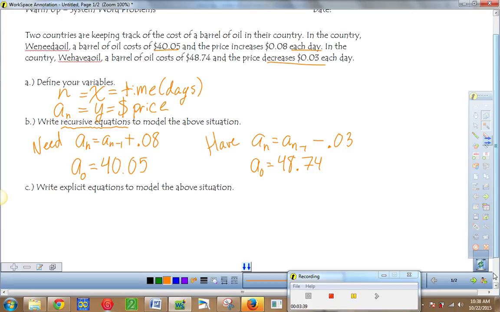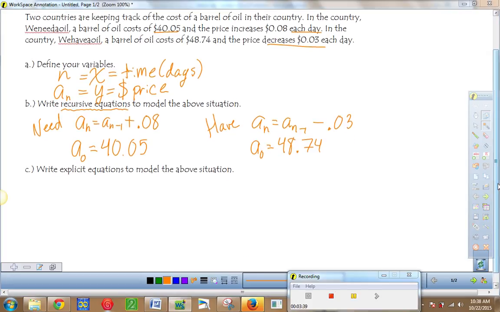Okay. Can you turn those into explicit formulas? This is what explicit looks like. Test is coming up. Engage. This one's going to be a sub n equals. Beautiful.